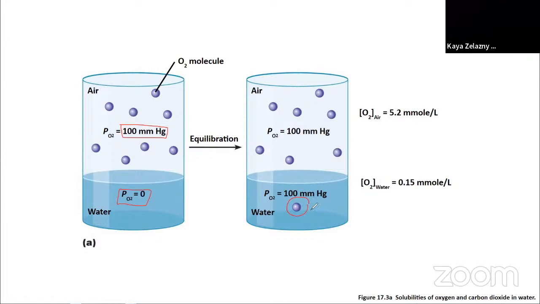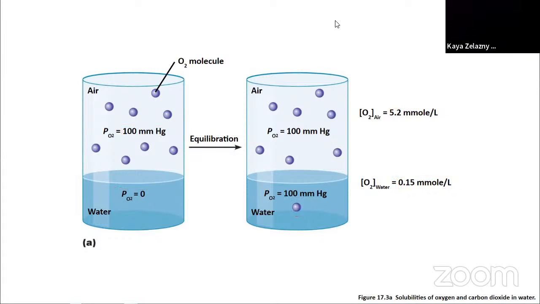To get that partial pressure of 100 of oxygen in the water, all we have to do in this picture example is move one of these molecules of oxygen into the water. Realistically, the concentration comparison would be 5.2 millimoles of oxygen in the air versus 0.1 millimoles of oxygen in the water, but these both express 100 millimeters of pressure in their respective environments.